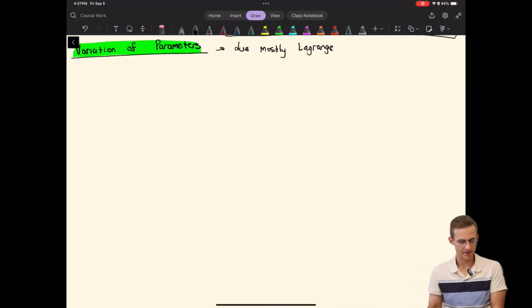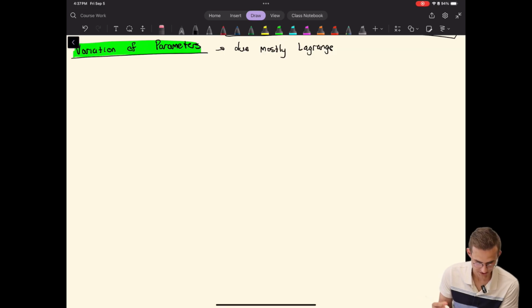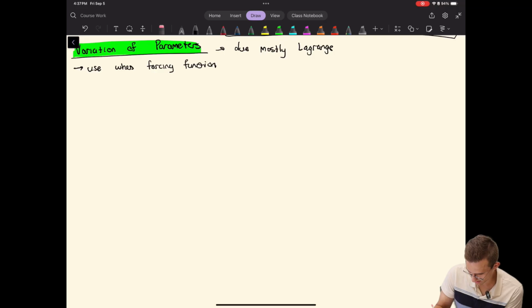Okay, so let's talk about variation of parameters. If our forcing function is not of a form that is amenable to the method of undetermined coefficients, then we need to use variation of parameters. So use when the forcing function is not usable, or the forcing function makes undetermined coefficients impossible.